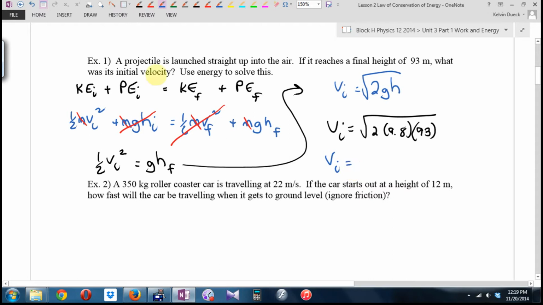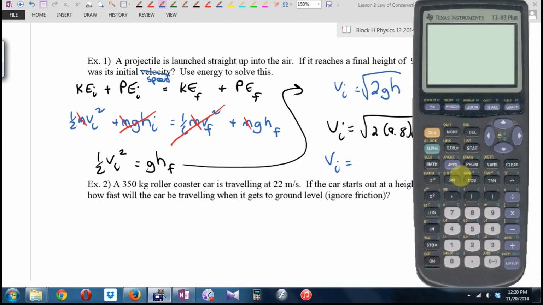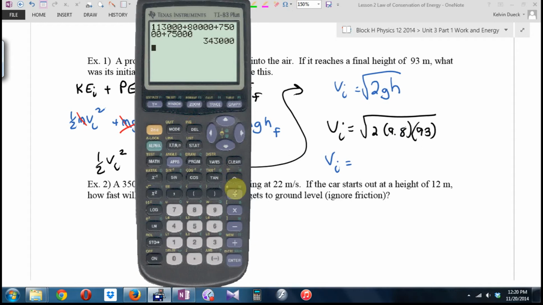By the way, I should have said initial speed instead of initial velocity because we're doing scalars, although we know it's up, so I could add a vector direction component pretty easily. 2 times 9.8 times 93, square root: 42.7.